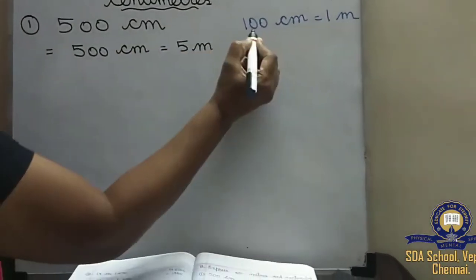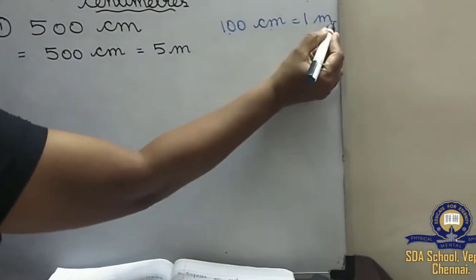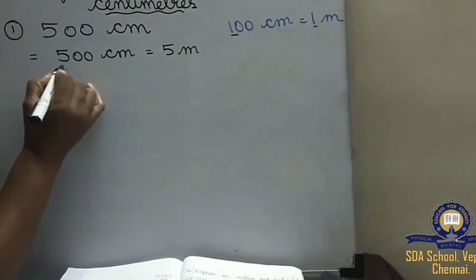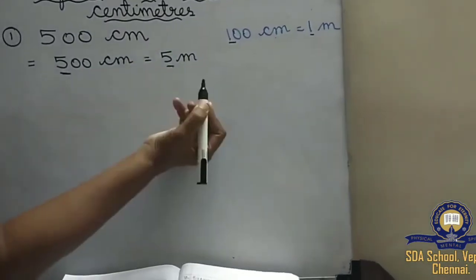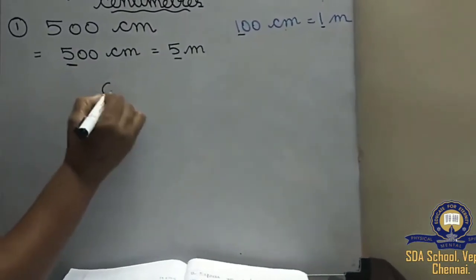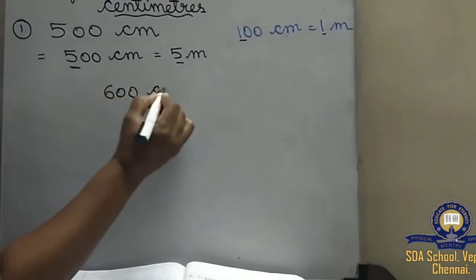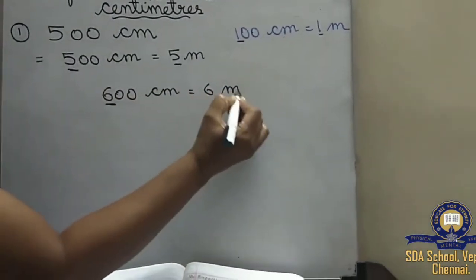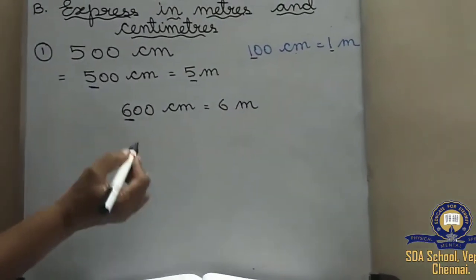See, listen here. 100 centimeter is equal to 1 meter. See here 100, so here 1 came. See here 500, here 5. Now, for example, 600 centimeter means what will come? 6 meter. Likewise, it's very easy.